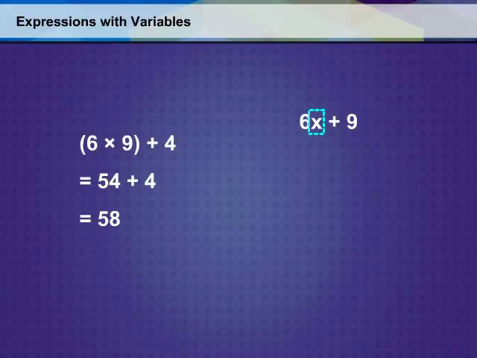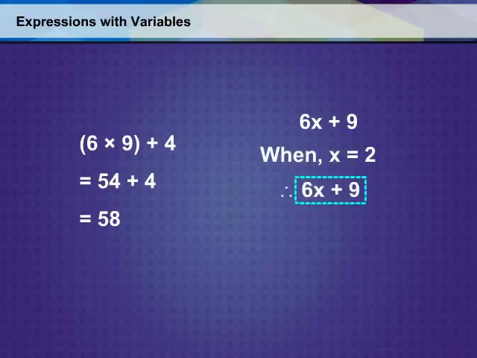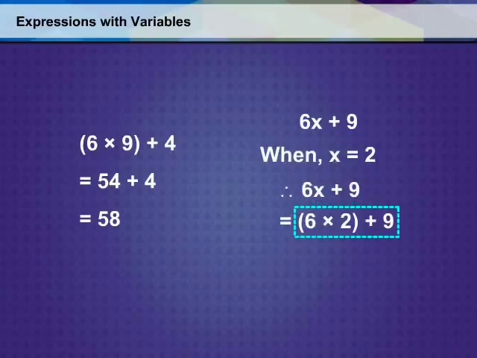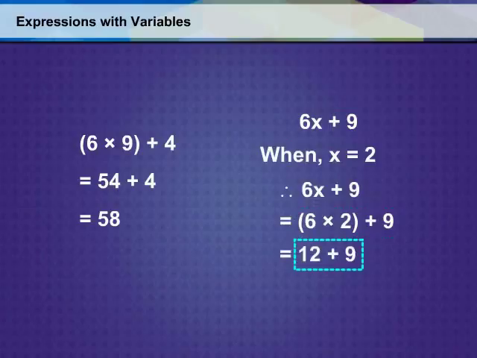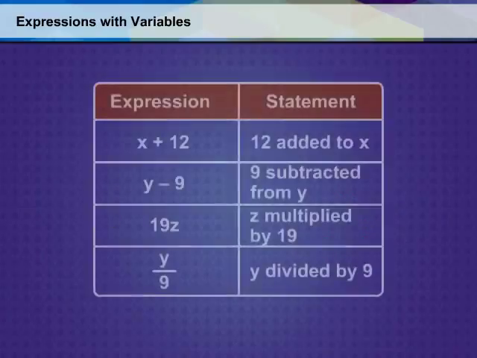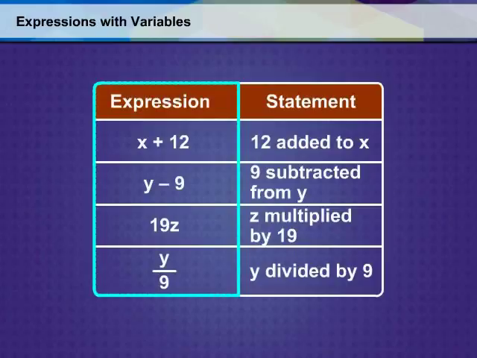Only if x is given some value can an expression like 6x plus 9 be evaluated. For example, when x is 2, then 6x plus 9 is equal to 6 times 2 plus 9, which is equal to 21. Let us see some more simple expressions and see how they have been formed.